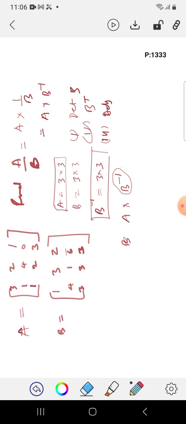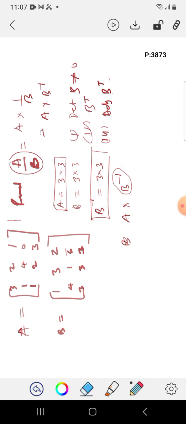Make sure that the determinant is not equal to 0. If it is equal to 0, it means that you cannot find A over B, because you don't divide numbers by 0.